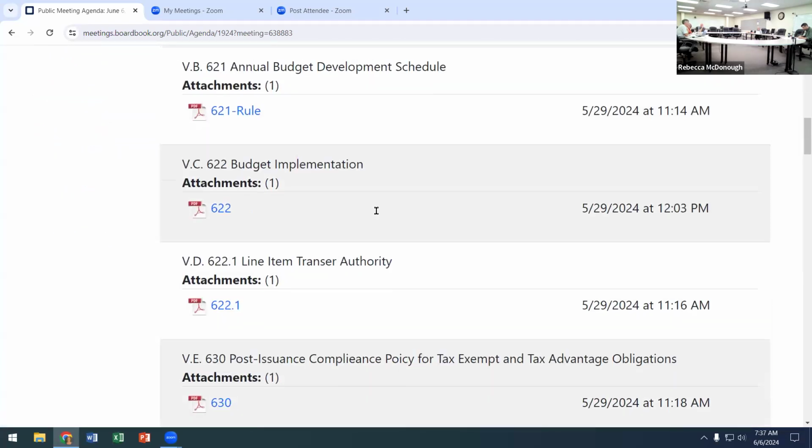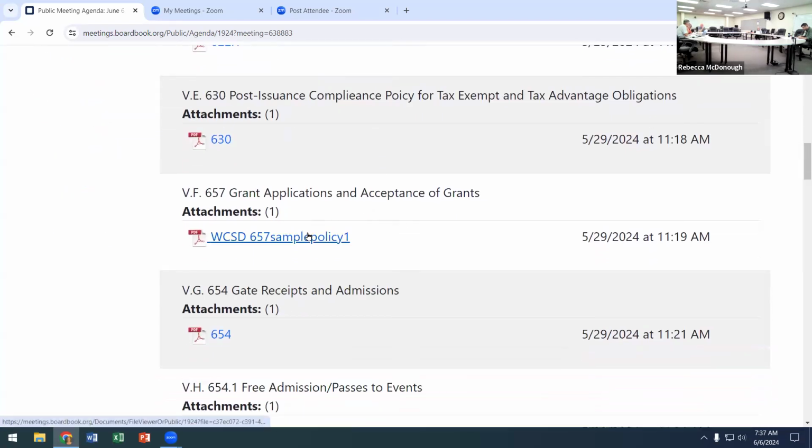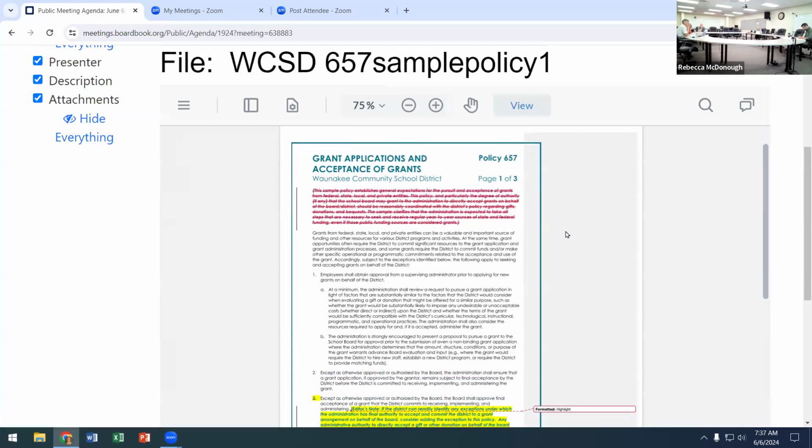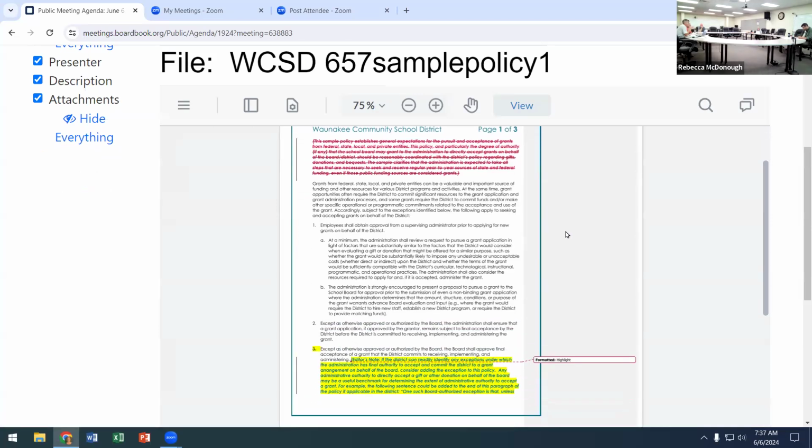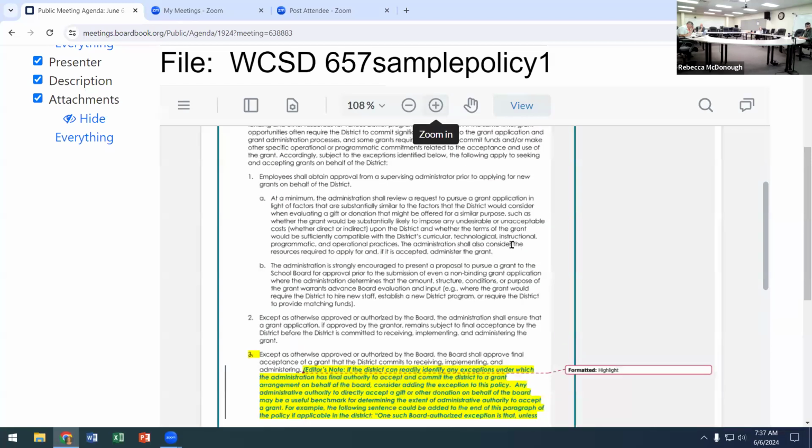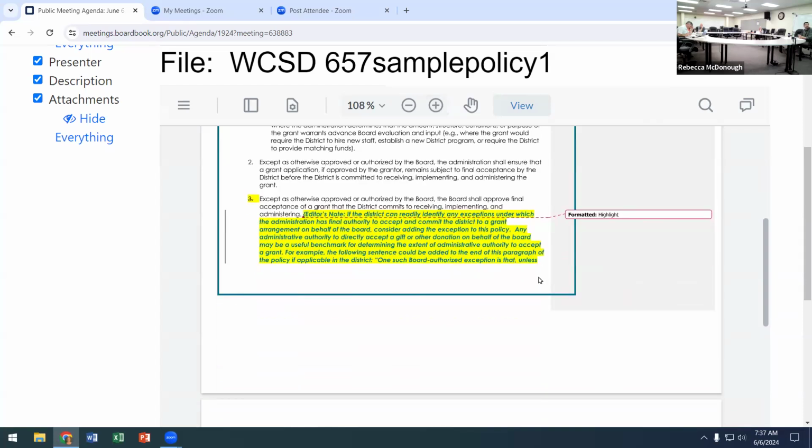So I just brought up who's the district, who's making the decision, and I didn't put it on anyone's shoulders, and kind of referenced whoever's dealing with it, they have the ability. If you look at the item in the highlights, it says, except as otherwise approved or authorized by the board, shall approve final acceptance of a grant that the district commits to receiving, implementing, and administrating.